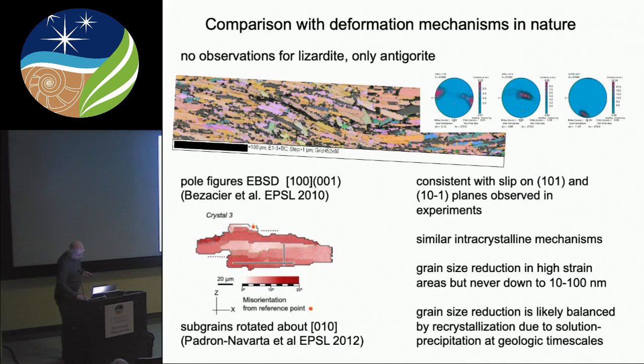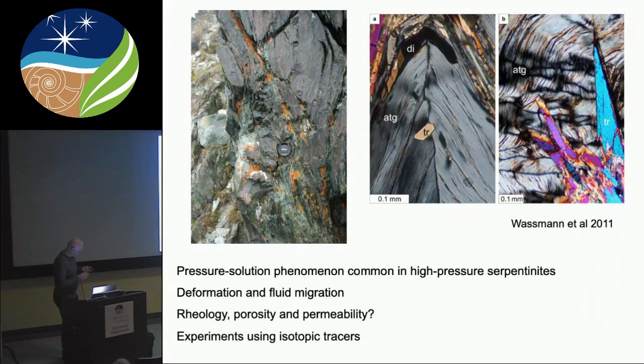So we tried to study that. Pressure solution is a phenomenon that is commonly observed in natural high pressure serpentinite. Here, this is a picture I took in the Monte Viso area in the Alps. We have a foliated serpentinite here. The foliation is subvertical.